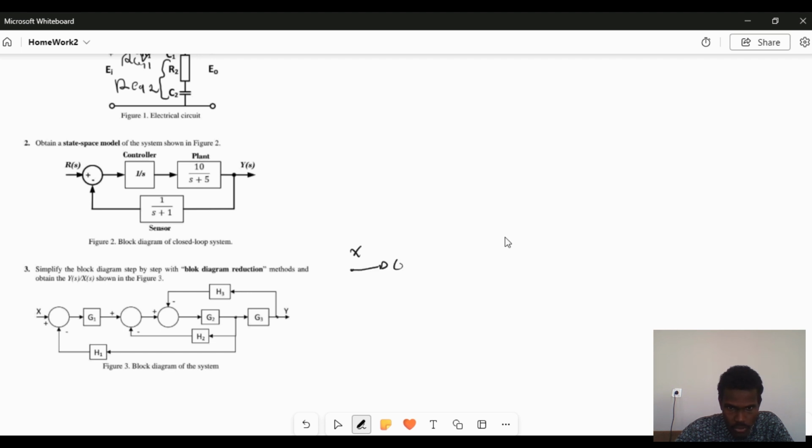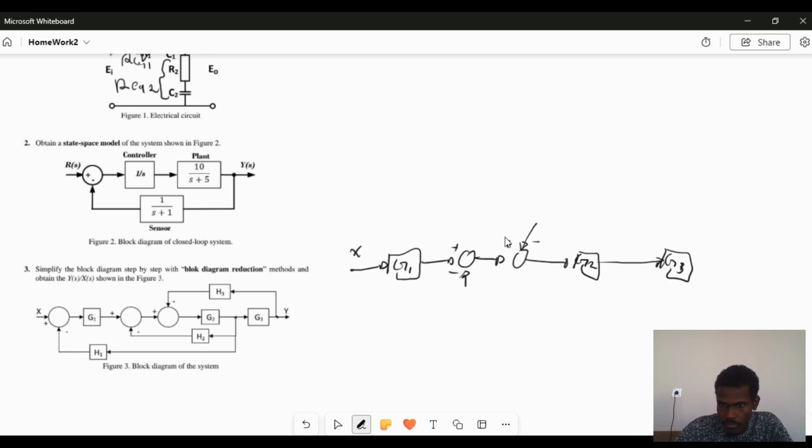We have here G1, minus, and again we have another. So this is G2, and here we have G3, and here we have Y.